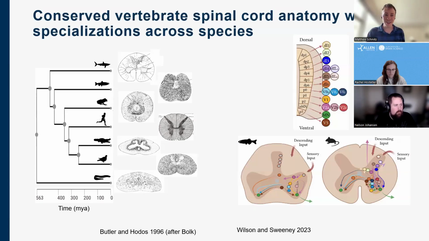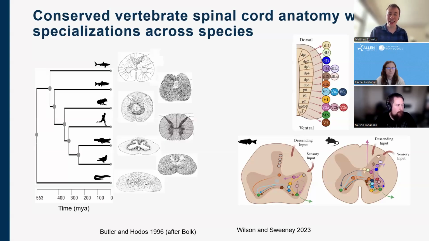So it's widely thought to be one of the most conserved regions of the brain. On the other hand, more recent molecular work has shown that even though, say, the zebrafish and the mouse appear to have very similar constituent cell types, the circuits that get set up are of very variable complexity. Like a mouse has many more types of interneurons and performs more complex computation in their spinal cord than a bony fish does.